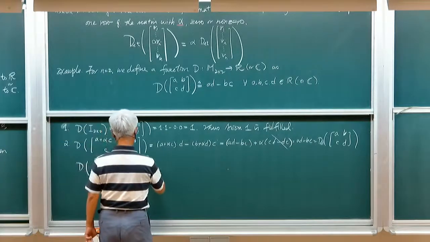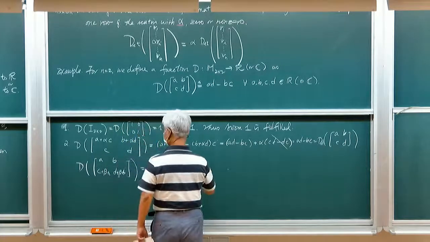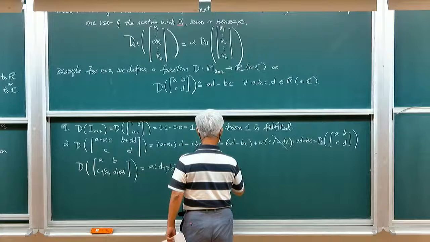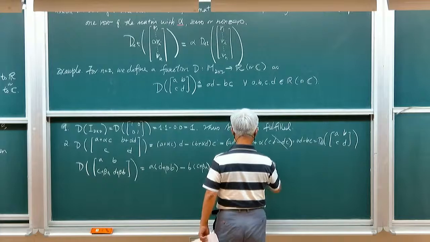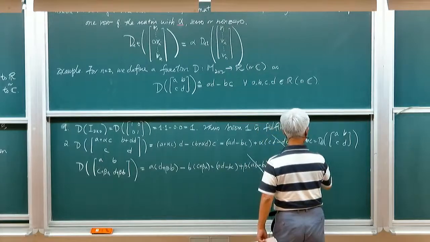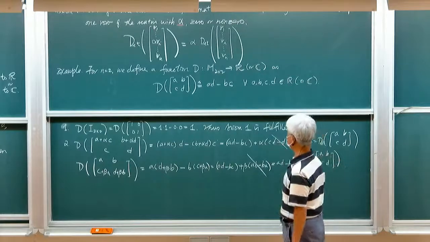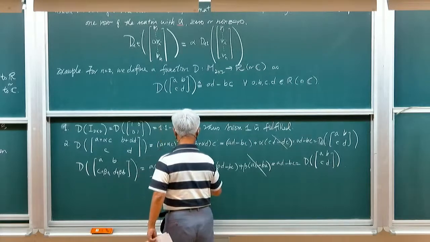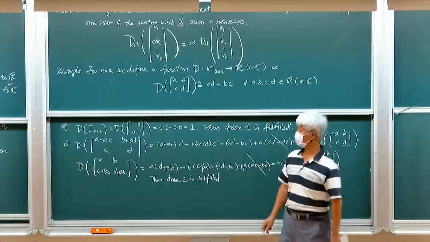And you check A times D plus beta B minus B times C plus beta A. And this is AD minus BC plus beta AB minus BA. So this is AD minus BC, and this is the D function value of ABCD. All right, so thus axiom 2 is fulfilled. Okay, so up to now we are very lucky.